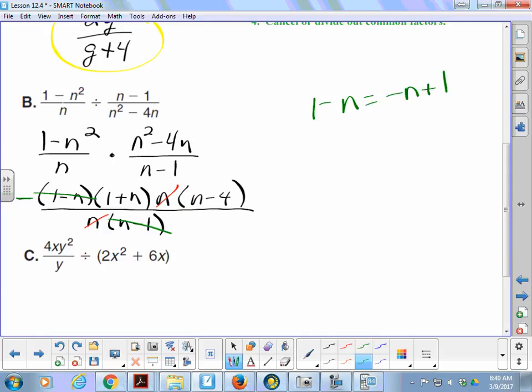And so if I take out the negative, then I'm left with n minus 1. So if they're opposites, like 1 minus n and n minus 1, you can cancel them, but then you're left with a negative. So the answer here is going to be negative 1 plus n over n minus 4, because one of them is the opposite of the other.